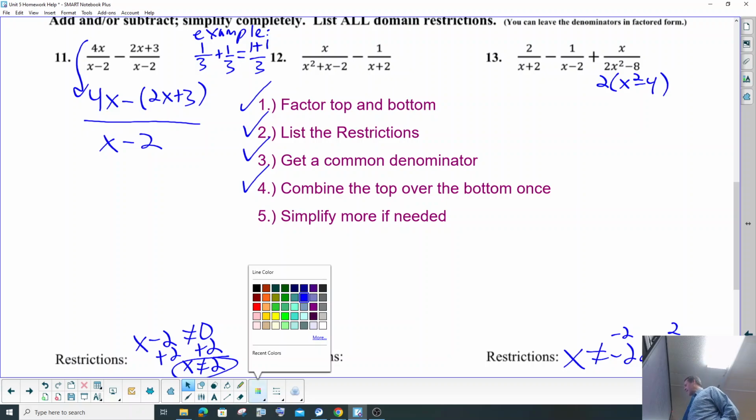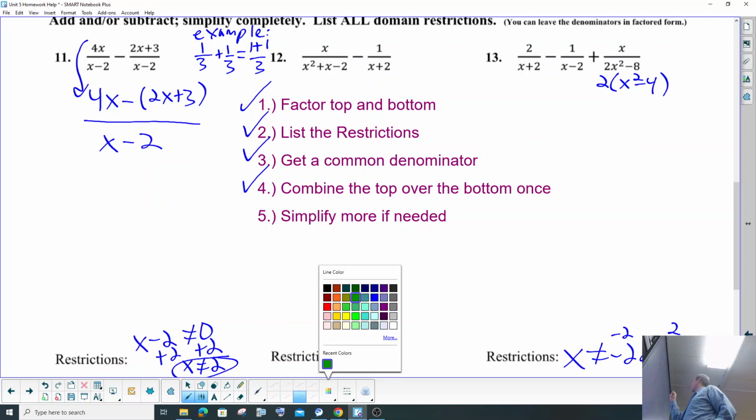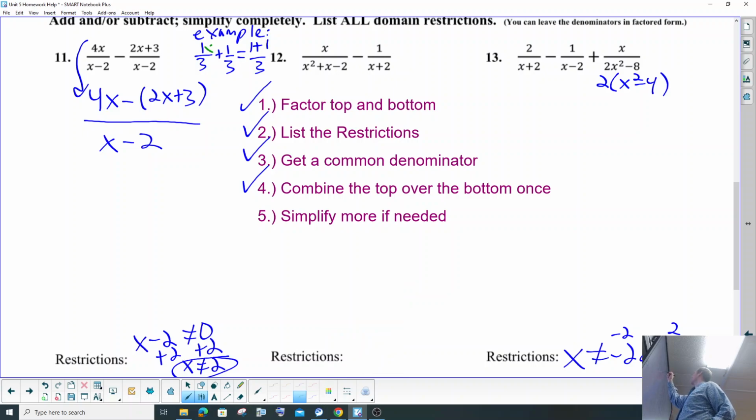But now, what if I take it one step further and I put an x in there? 1x over 3 plus just 1 over 3 is 1x plus 1 over 3, because you can't combine a 1x and a 1. So that's just our answer. So watch out. Combine the top over the bottom just once.